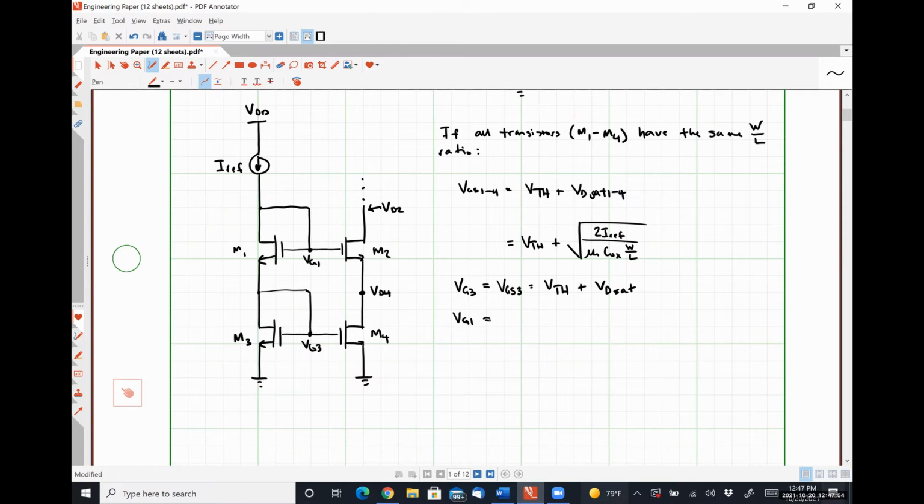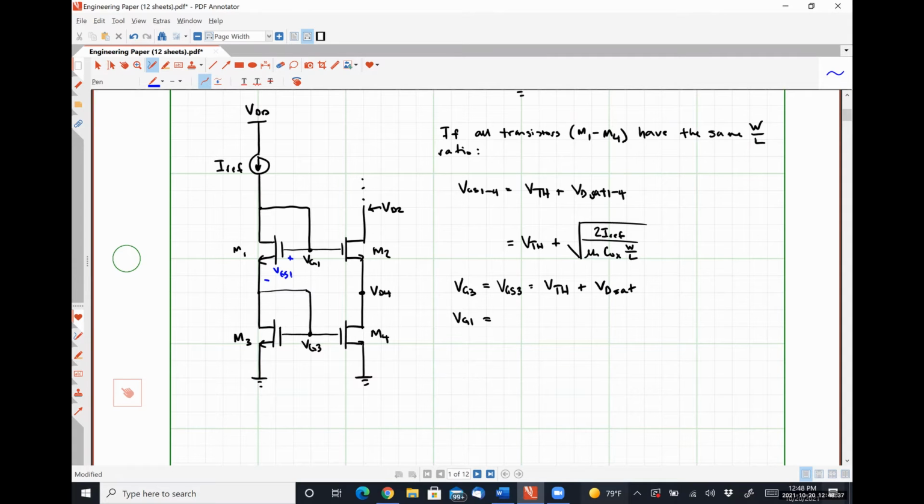What about VG1? Anybody have any thoughts about how we might figure this out? VG3 plus VGS1. Yeah, just using Kirchhoff's voltage law, right? So let me make it potentially a little bit more obvious. Here's VGS1, right?